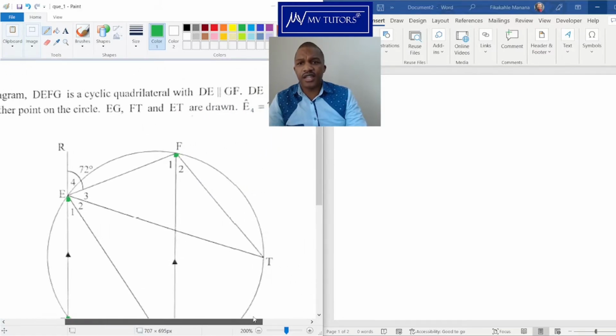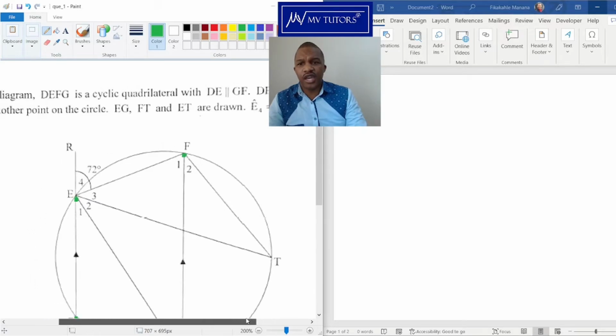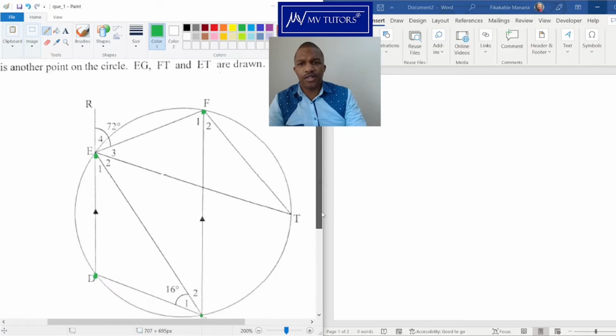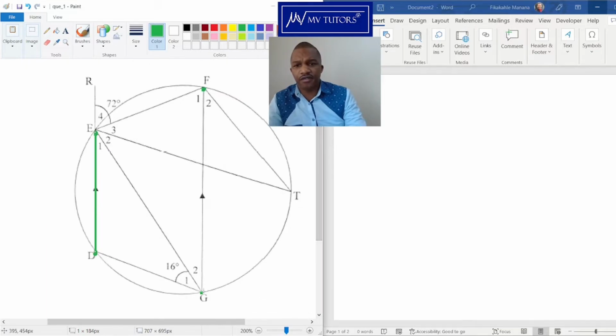Okay, and then it says DE is parallel to GF. So I want us to go identify DE and GF so that we can see these parallel lines. So DE, there it is. This line is parallel to this one, that's GF right there. And indeed, they did show us the parallel. What do we know about parallel lines?